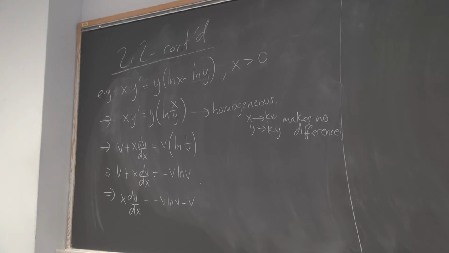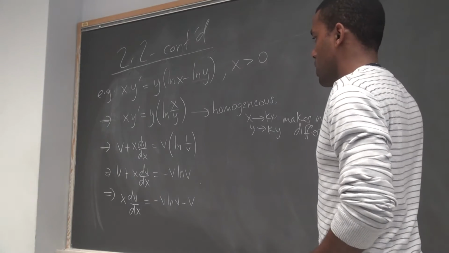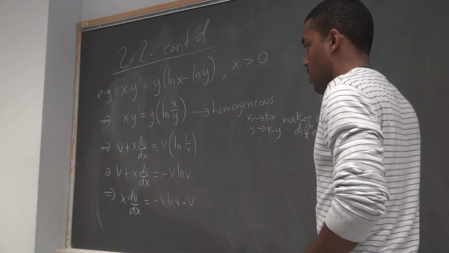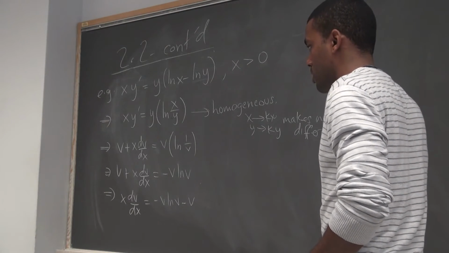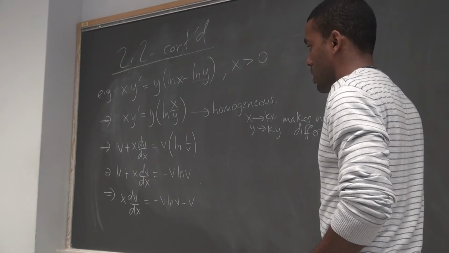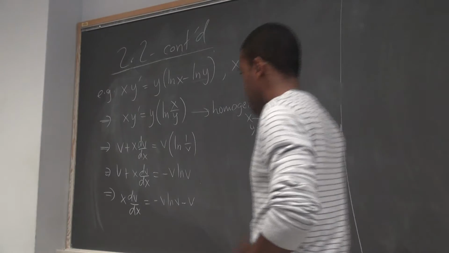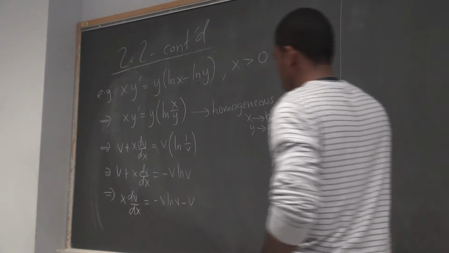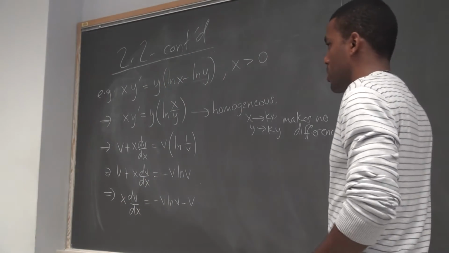Now what? We used to try the first one. Is it separated yet? It's not separated yet. I have v's and x's mixed up on one side. How do I separate it?